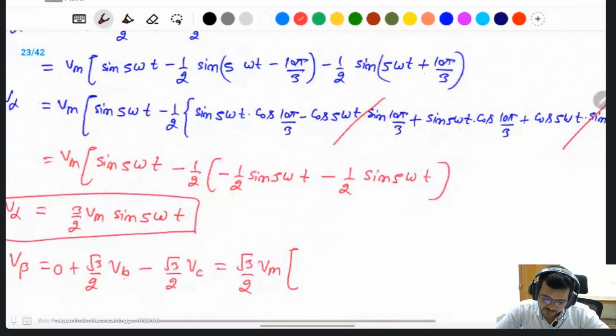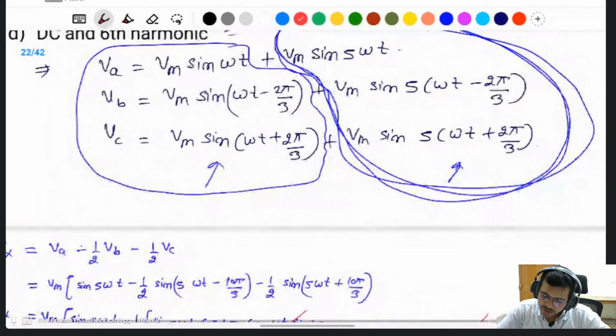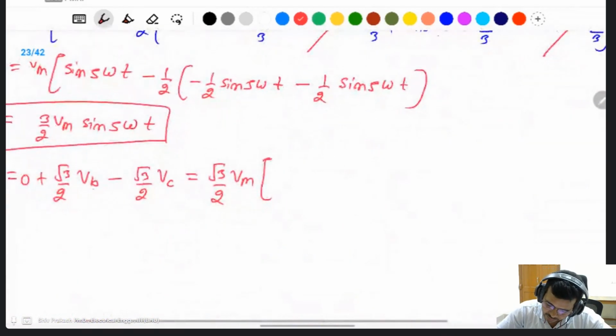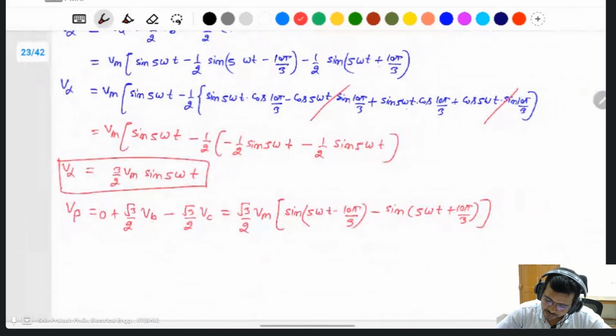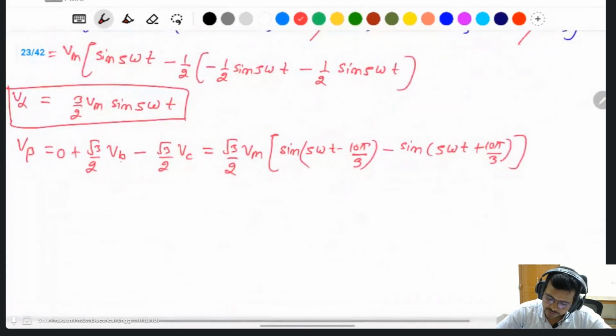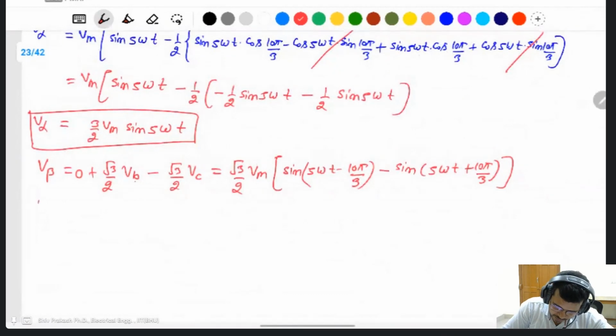VB is sin 5 omega t minus 2 pi by 3, sin 5 omega t minus 10 pi by 3, minus, this will be sin 5 omega t plus 10 pi by 3. If you solve this, you get root 3, root 3 sin 5 omega t here.